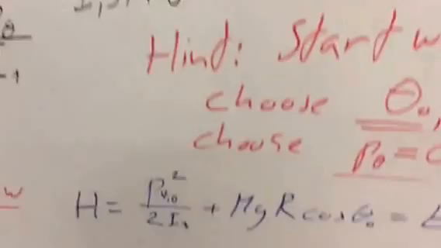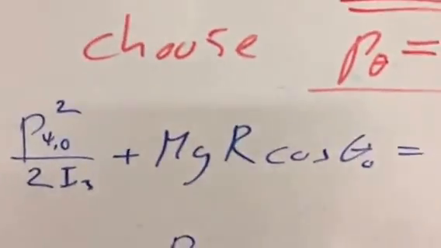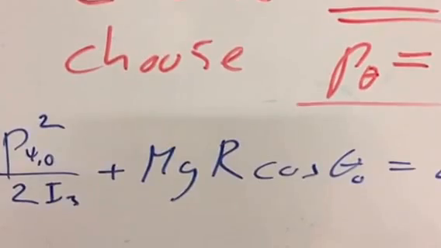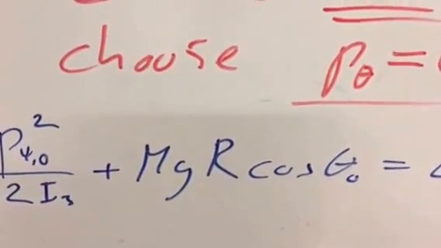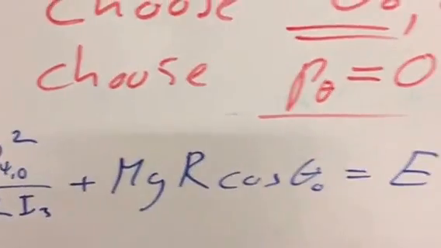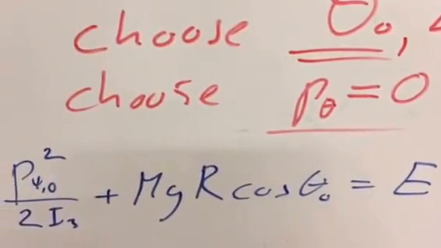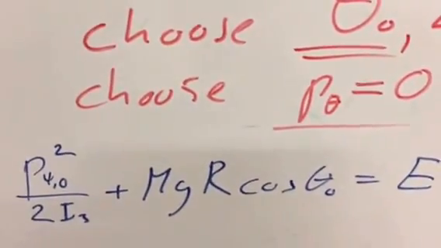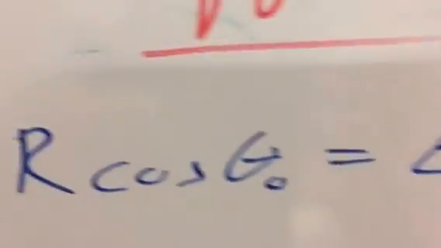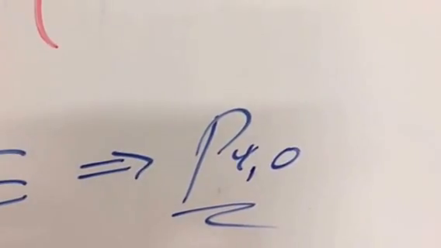And so that means that the Hamiltonian equals p psi initially squared over 2 I3 plus mgr cosine theta. That's equal to the energy. So if you choose a value for energy and for tilting angle, then you can solve p psi in the beginning.